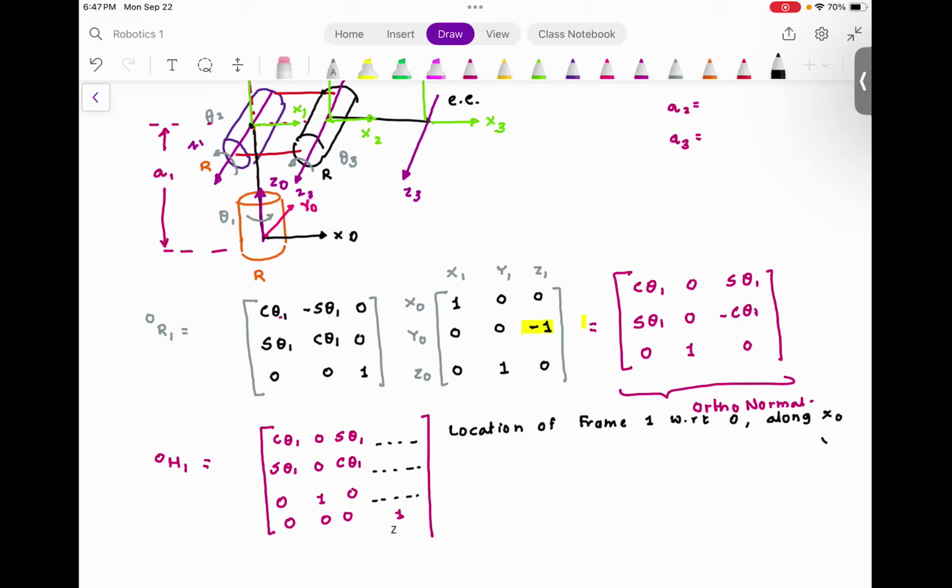Same thing for the second one, along y0, along z0.